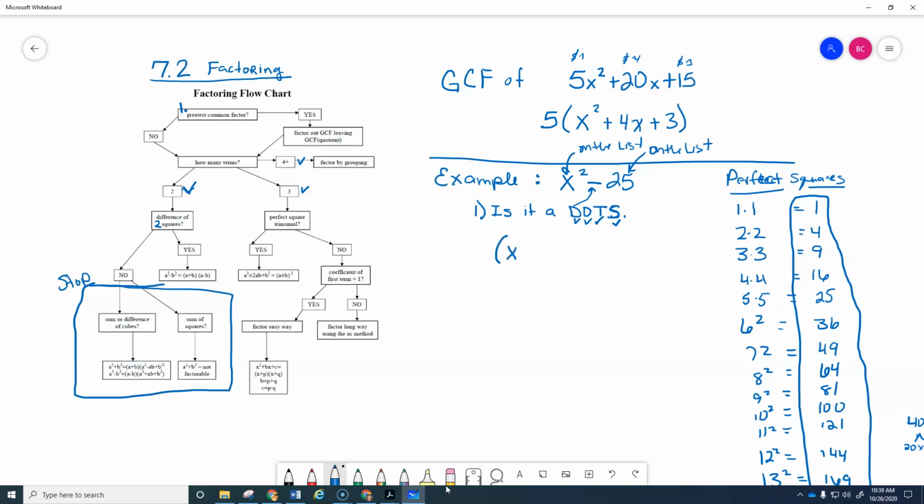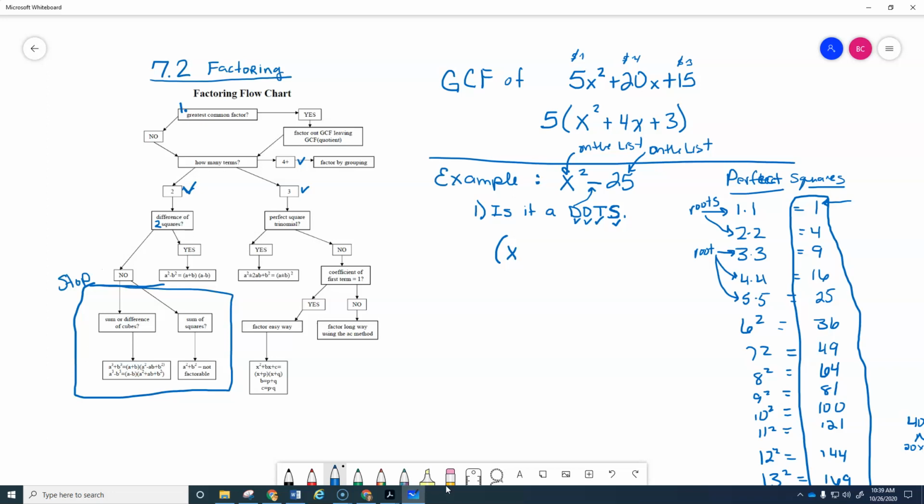You take the roots, and remember, these right here are roots. 1 times 1 gives you 1. These are roots, and this is the perfect square. 2 times 2: 2 is the root, 4 is the perfect square. The root right here is 3. 3 is the root, 4 is the root, 5 is the root, 25 is the square.